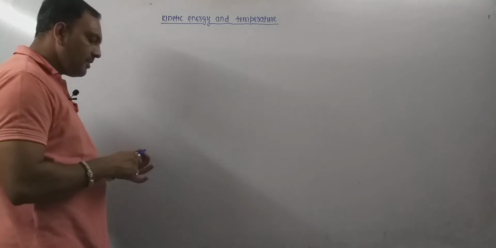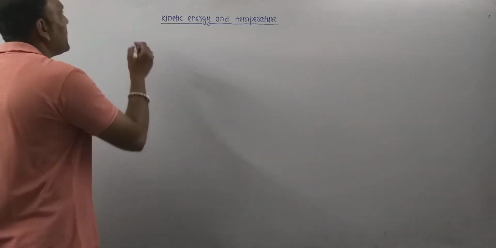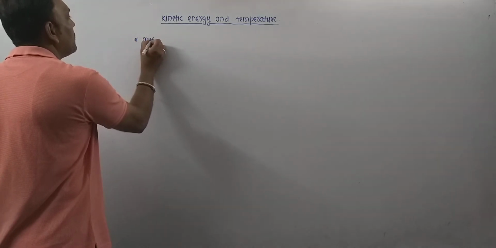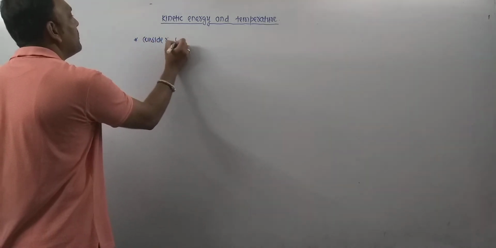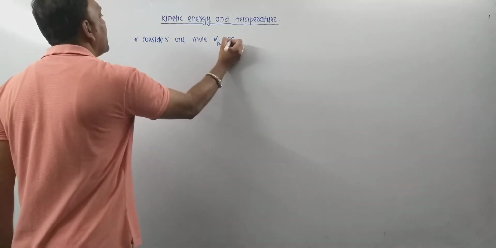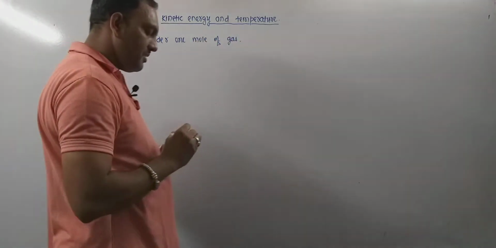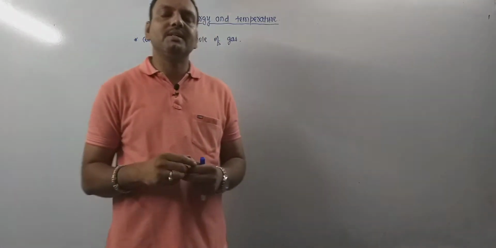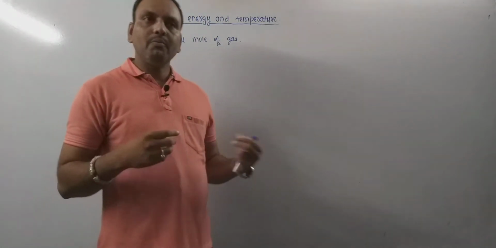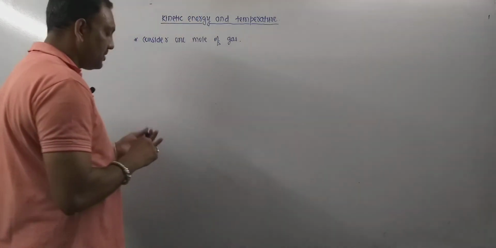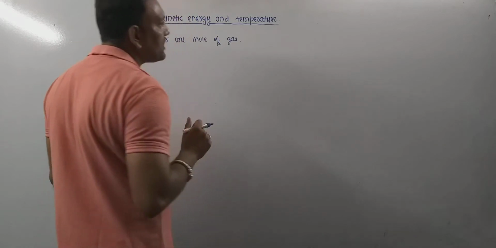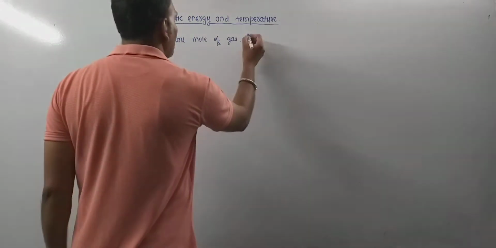Now consider 1 mole of gas. Now we know very well that 1 mole of any substance contains Avogadro's number of particles. It clearly means that 1 mole of gas contains Avogadro's number of molecules.